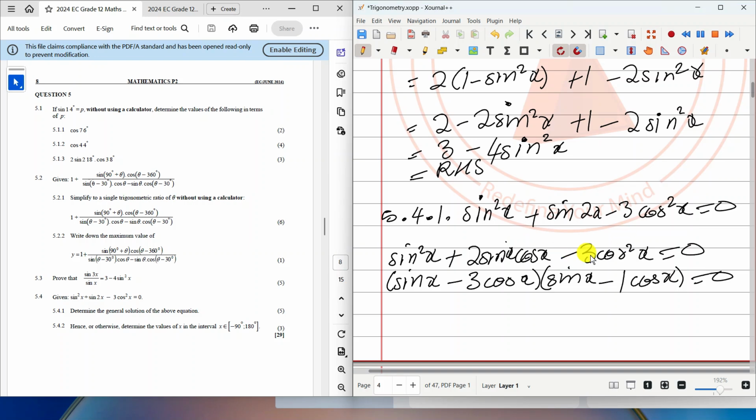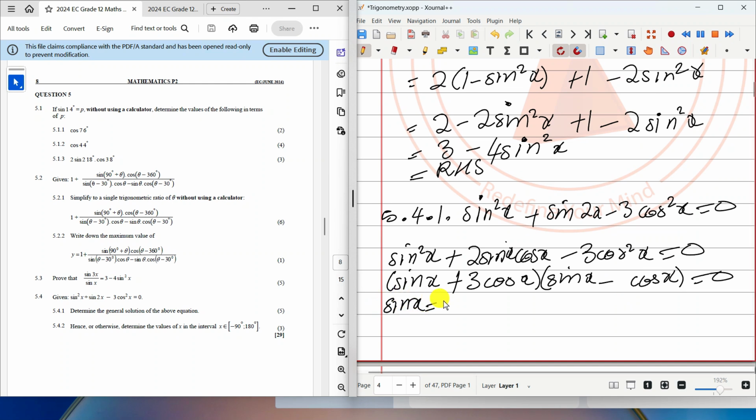But because this part is negative, it means the bigger factor must take the sign of the middle term. The middle term is positive. The bigger is the 3. So it will be positive 3. You don't have to write 1. Okay, what do we have?